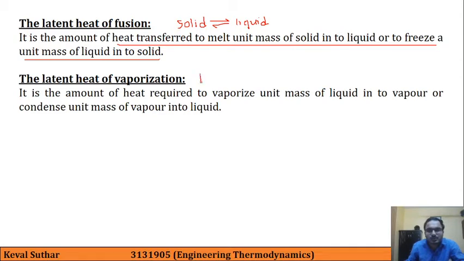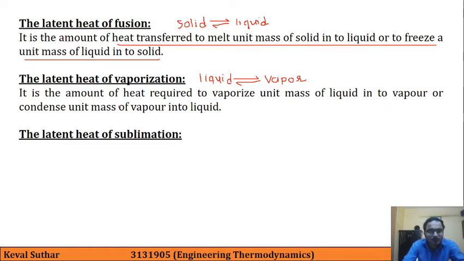So this heat is the phase change between liquid and vapor. You can take the example of conversion of water into steam or condensation of steam into water. And the last type of latent heat is latent heat of sublimation.